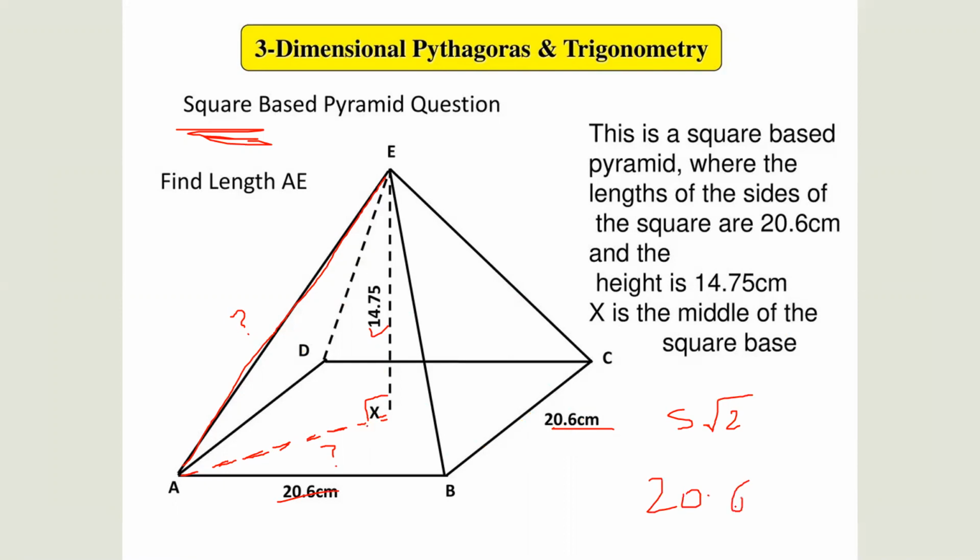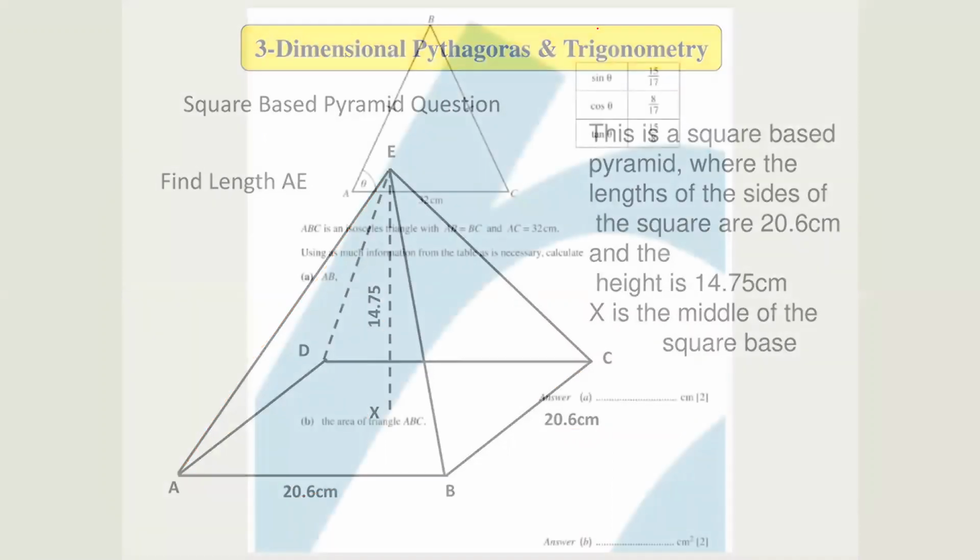Whatever my value comes out to be is the value for the whole diagonal, and I'll divide it by 2 to get the value for this base length. And once I have this and I have this, I can use the Pythagoras theorem to find AE, this length. That's simply 3D trigonometry.